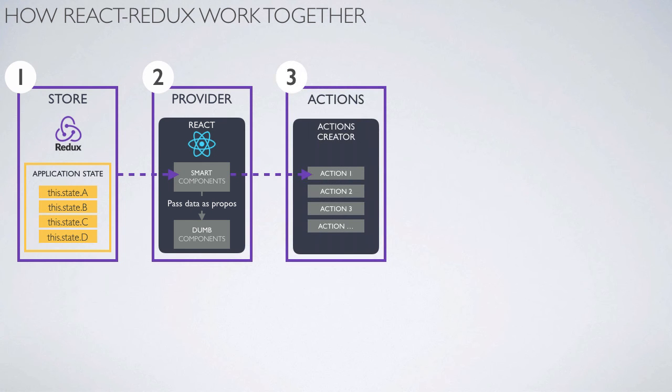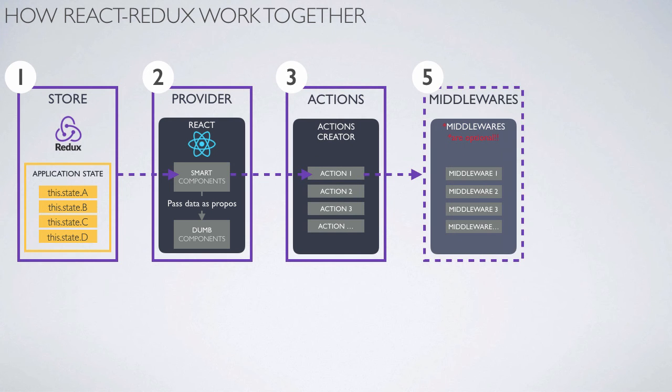Then from our smart components, we fire some actions to update the state. Eventually, the action goes through a middleware, if any. A middleware is optional. It can be useful if you need Redux to do something special with the current action.